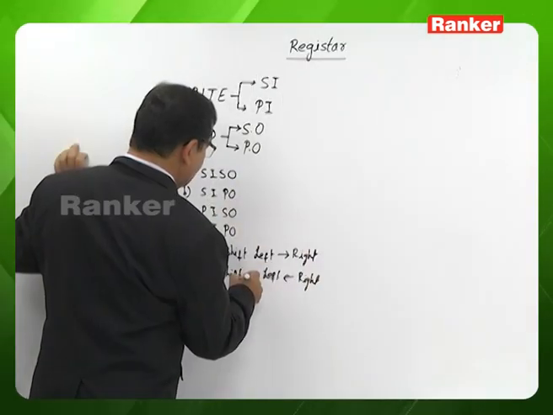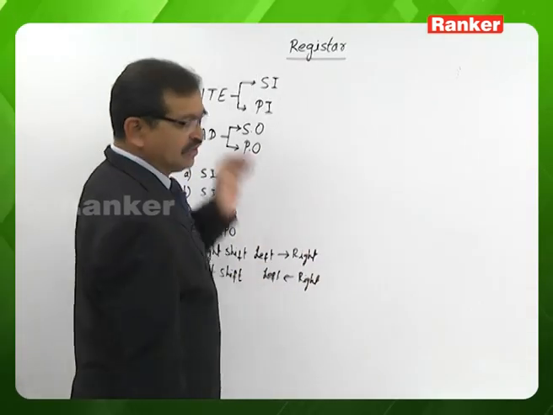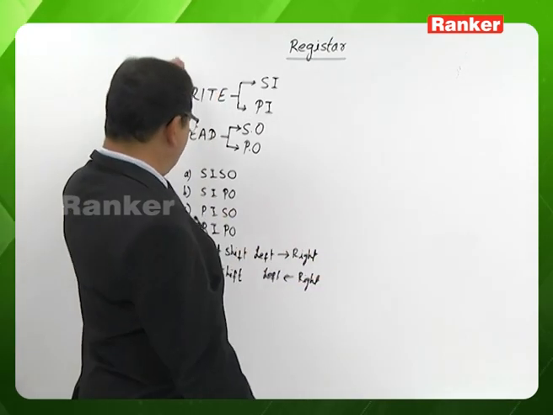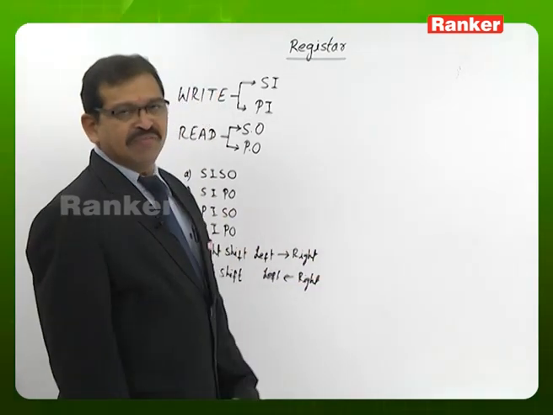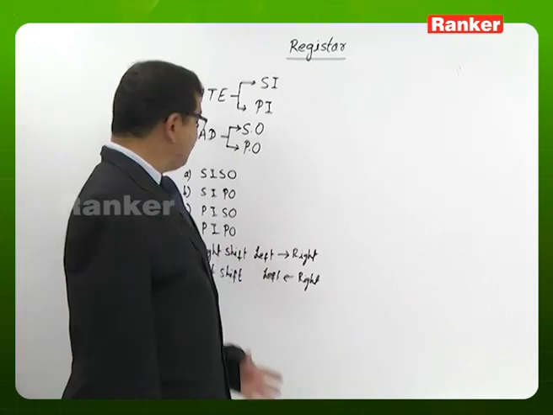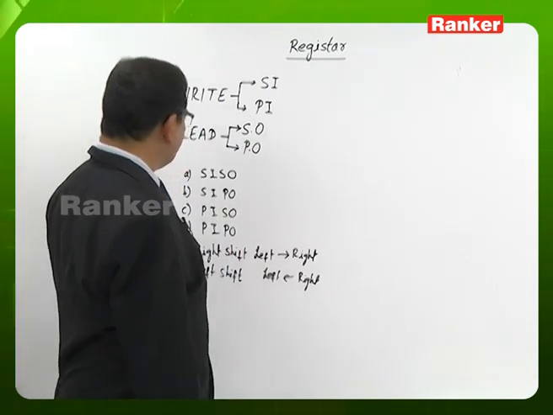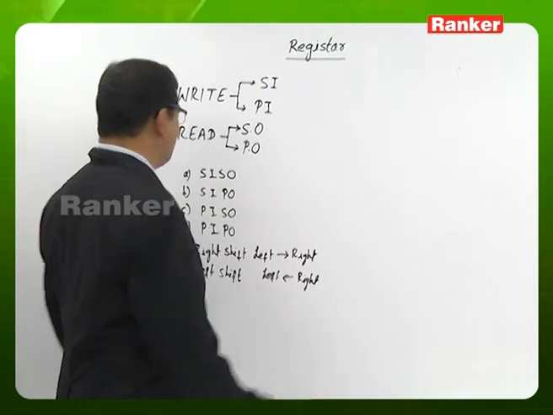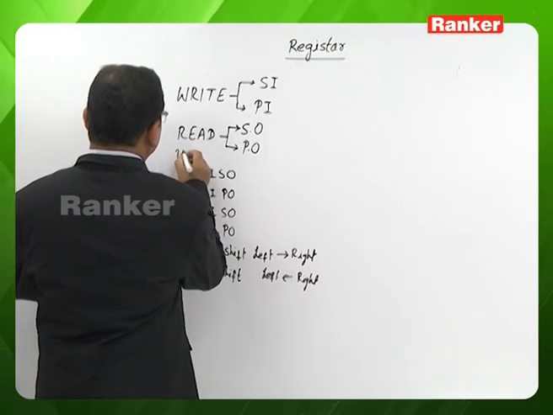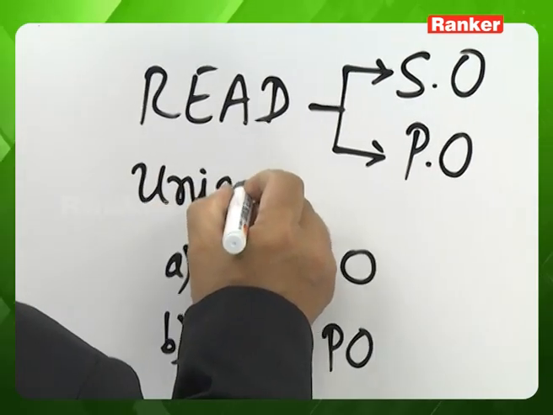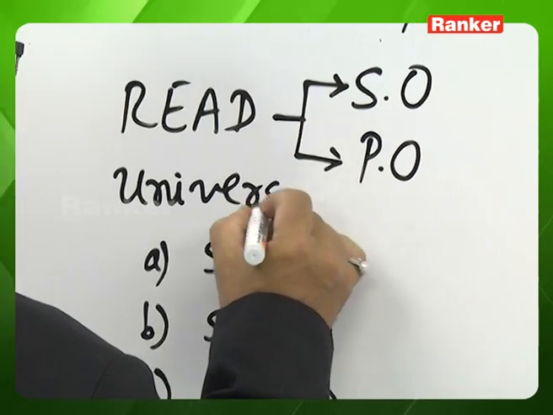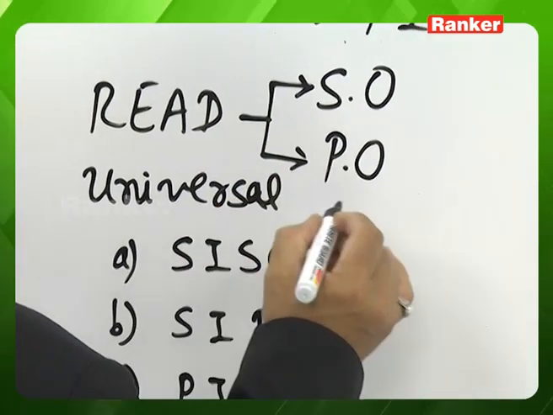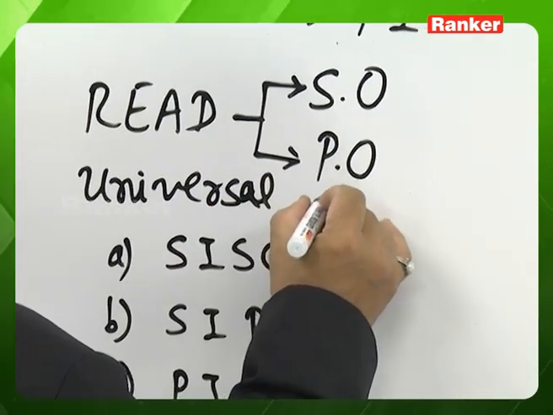So in general, we have a possibility of registers with these various facilities. If in the given register we have all these facilities, then such a register we name as universal register.